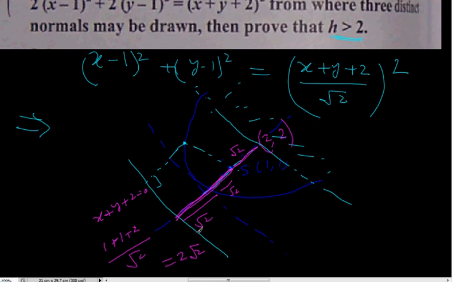If m is 1, it means 45-degree inclination, and these two distances are equal, so this is (2, 2). After (2, 2) we got this line.